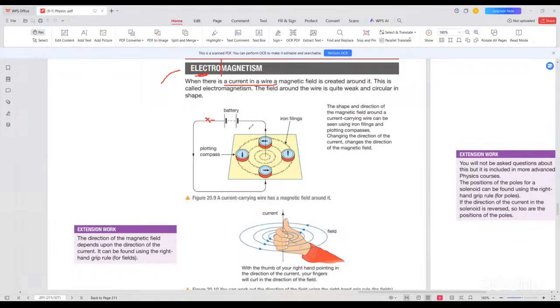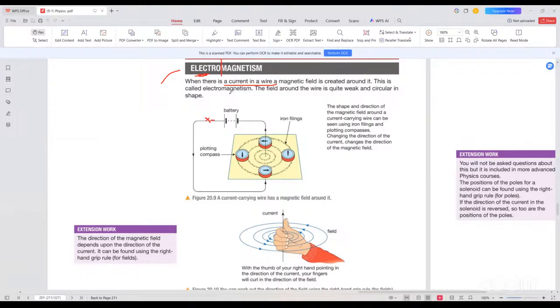Okay. So write down the topic electromagnetism, or you can use the workbook I have given you. You can write your own note if you wish. Electromagnetism is the phenomenon where a magnetic field is generated because of flowing current.